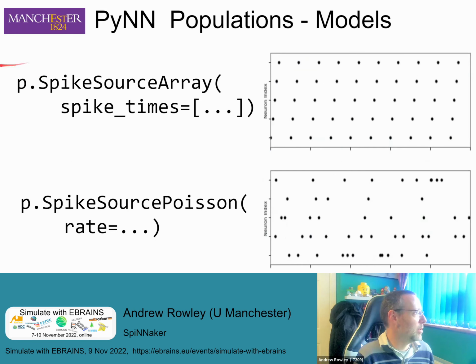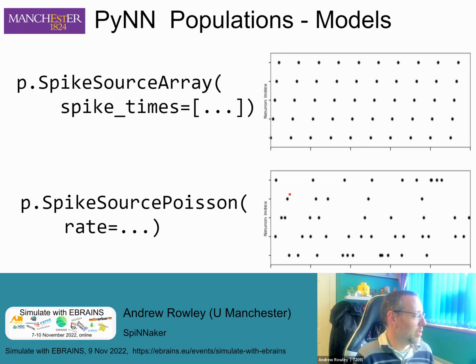In terms of inputs, if you just want to provide some input to your network, you can specify spike source arrays. This is basically just specifying fixed times at which you want spikes to occur. So here are some spikes, I want them to happen. You can specify the whole population going at the same time, or you can specify different neurons going at different times, like this. And it's entirely up to you.